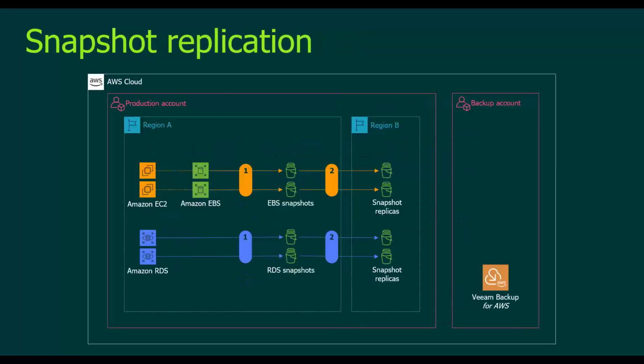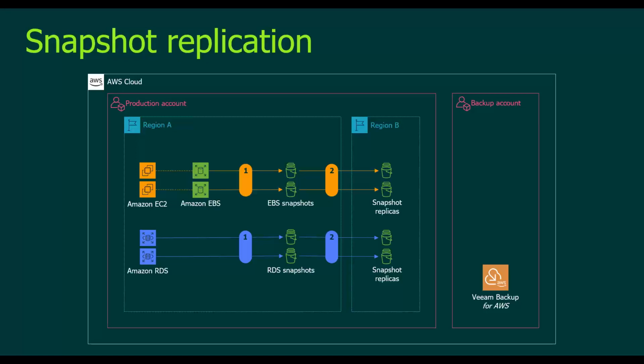One of the other things that we can use is snapshot replication. So in this case, we just left the S3 copy out of the picture just to make it a little bit clearer. We can replicate those snapshots to a different region. I'm going to show you that in a couple of minutes.